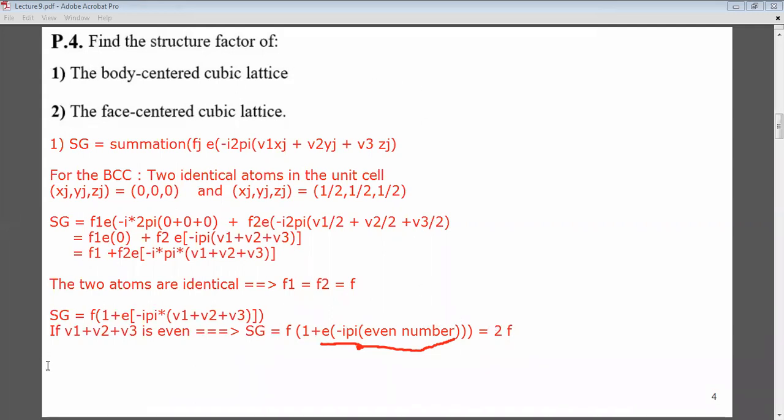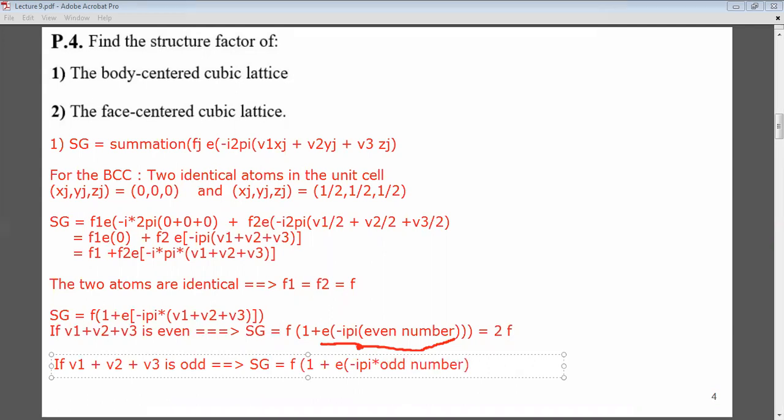If V1 plus V2 plus V3 is odd, I will get SG equal to F into 1 plus e to the minus I pi times an odd number, for example e to the minus 3 I pi or e to the minus I pi.